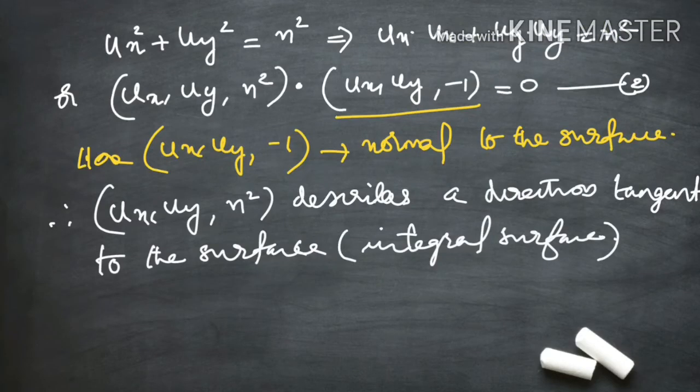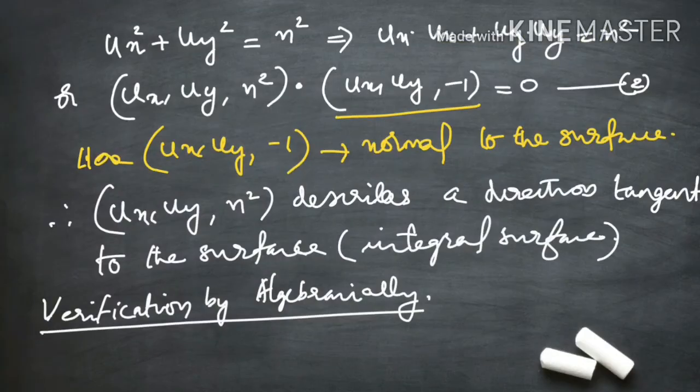Okay, then we have to verify this algebraically. What exactly do we have to verify? We have to verify that this vector (ux, uy, n square) lies in the tangent plane of the integral surface. We know that the tangent to the integral surface, when written in its parametric form, will be (dx/dt, dy/dt, du/dt).